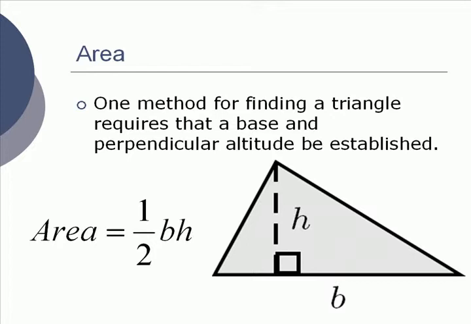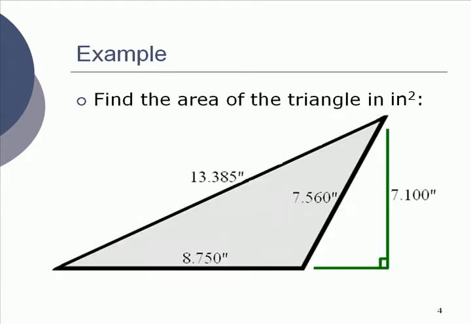We want to find the area of that triangle. Now we know a few things about this triangle, and we have a bunch of additional information there that we certainly do not need.